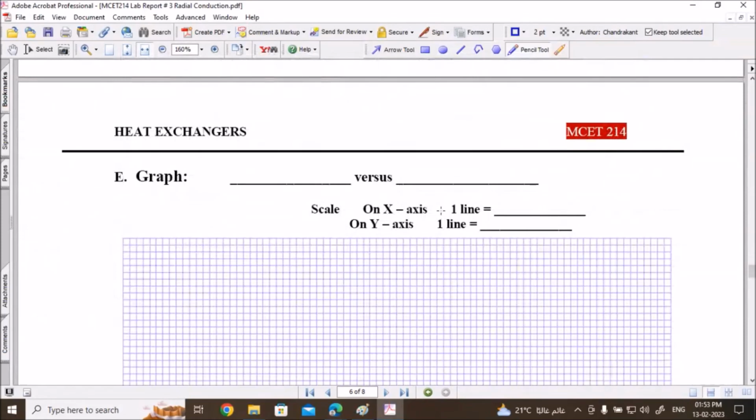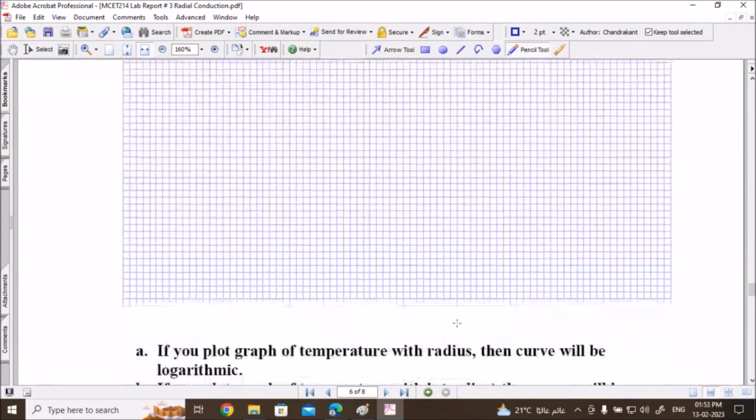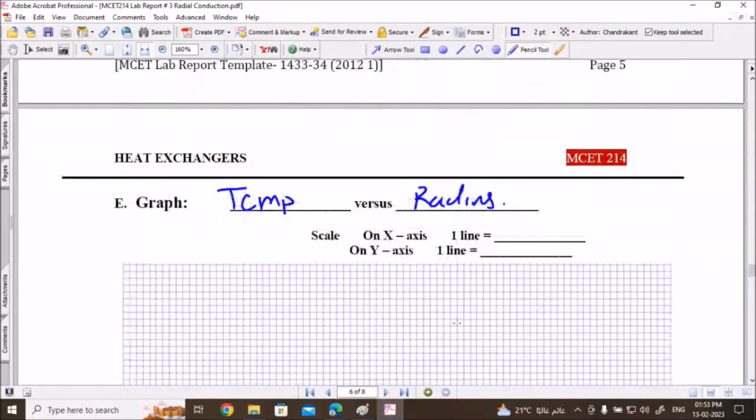Now graph, it is very important for us. The graph should be between temperature versus radius. You can use the graph paper. On x-axis 10 line is equal to 1 centimeter is equal to 10 into 10 to the power minus 3 meter. And on y-axis 10 line is equal to 1 centimeter is equal to 5 degrees centigrade.